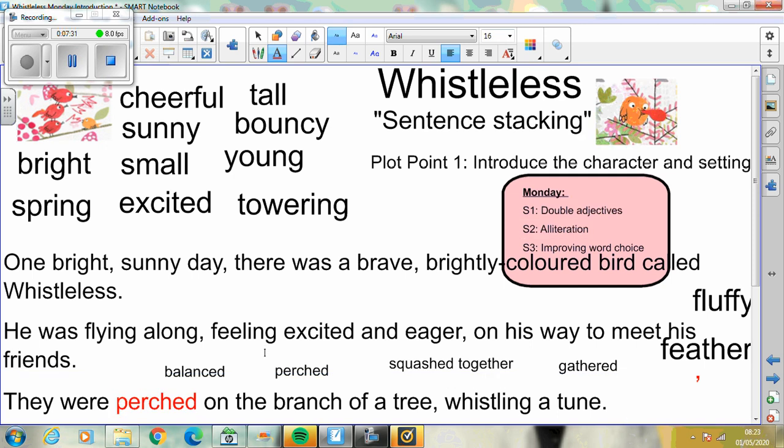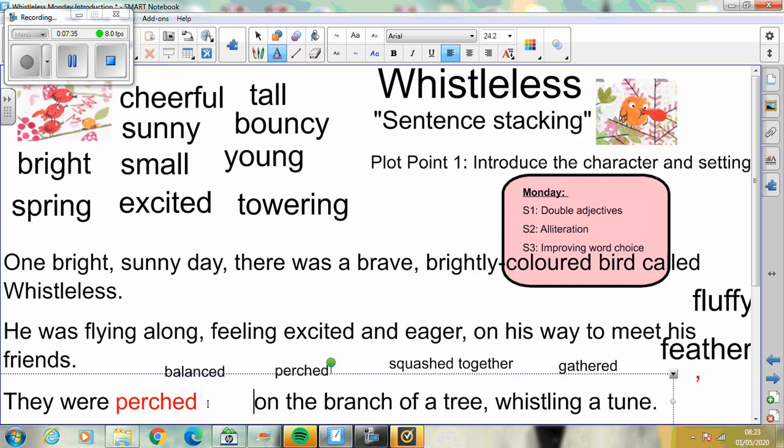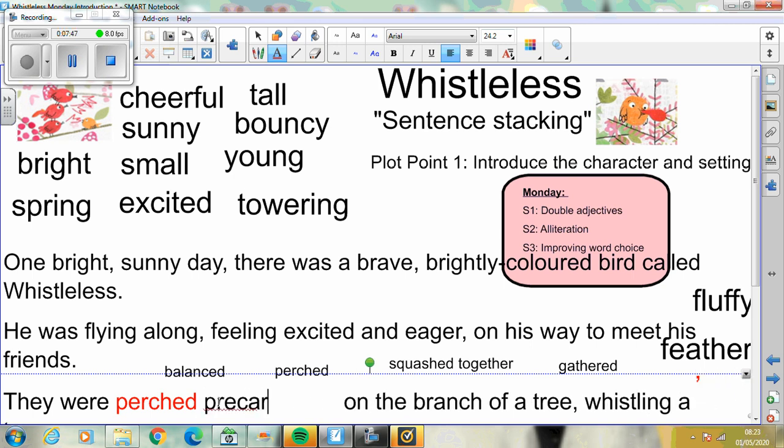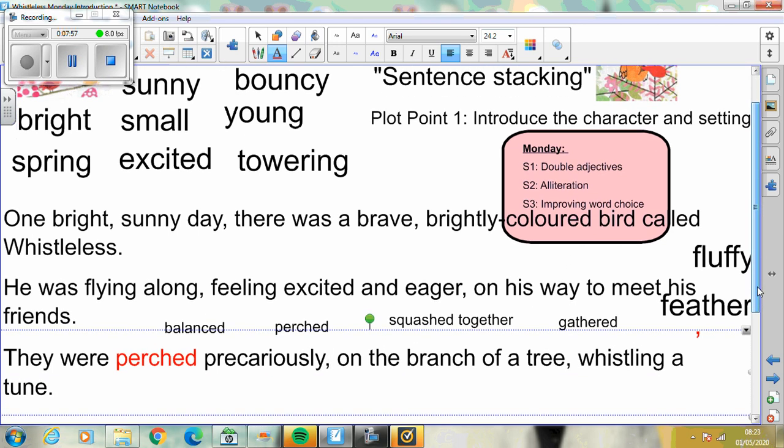And I want to really improve my word choice here. And I'm going to say how they were perched. I'm going to use an adverb which ends in ly. And I'm going to say they were perched precariously on the branch of a tree, whistling a tune.